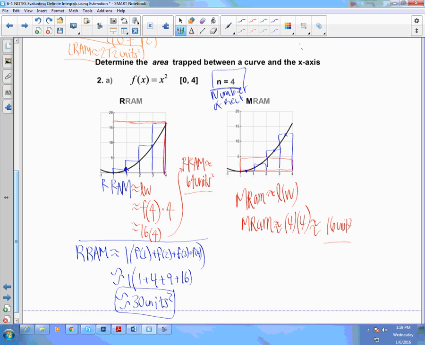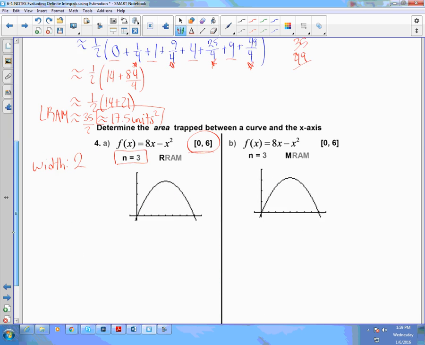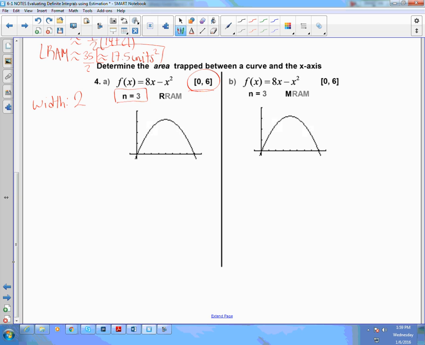Okay, the first one, you all got 80 units squared, right? Okay, good. I'm just making everyone clear. For this one, we have 6 and a width of 2. The first midpoint is when x is 1, and then the next midpoint is here, and 6 is right here where you stop.